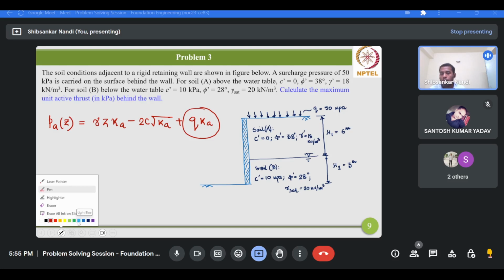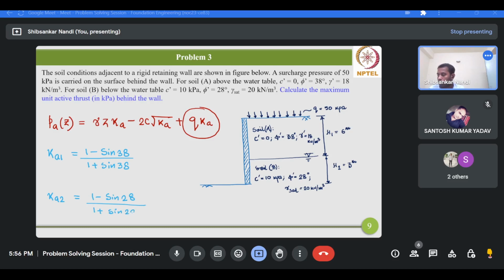Since the problem has a two-layered backfill, we'll first calculate the active earth pressure coefficient for both layers. For the first layer it will be 1 minus sin 30 divided by 1 plus sin 30. Please cooperate with me for the calculation part. For the second layer it will be 1 minus sin 28 divided by 1 plus sin 28.